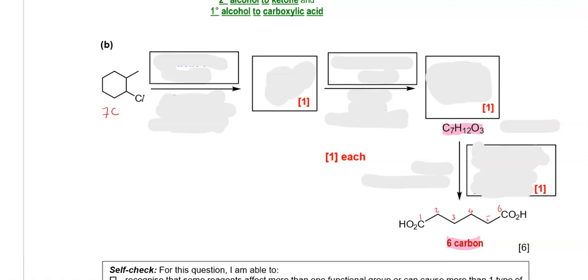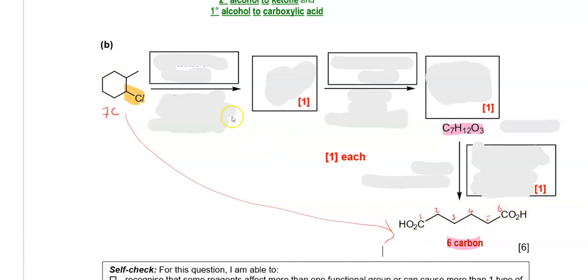So let's take a look at some of the possible reactions that it can undergo. We have a halogenoalkane over here, and you may be wondering what kind of reaction it can take part in. If you look at this compound, one thing you realize is that it's from a ring, then it became an open chain.